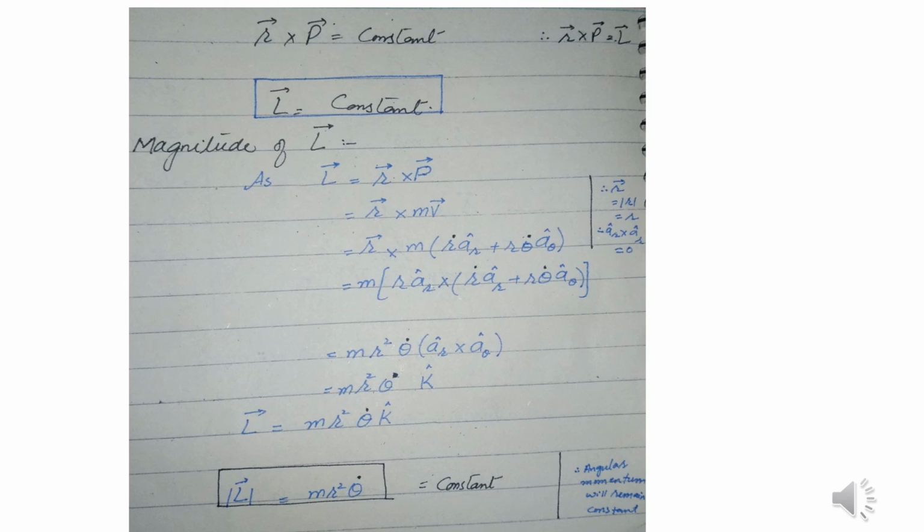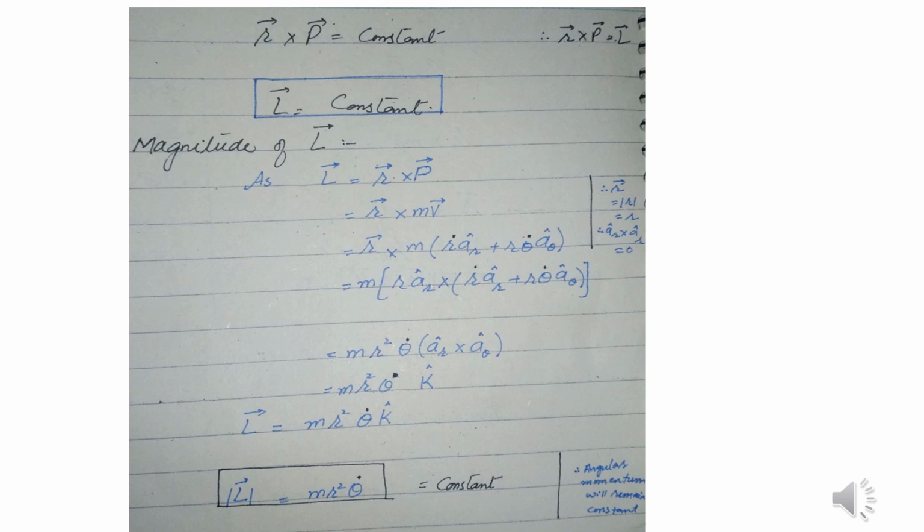As mass is constant, and substituting the value of the velocity vector in polar coordinates, we get r dot a_r unit vector plus r theta dot a_theta cap. We know that the r vector is equal to the magnitude of r times the unit vector, so we write the r vector as r a_r unit vector.